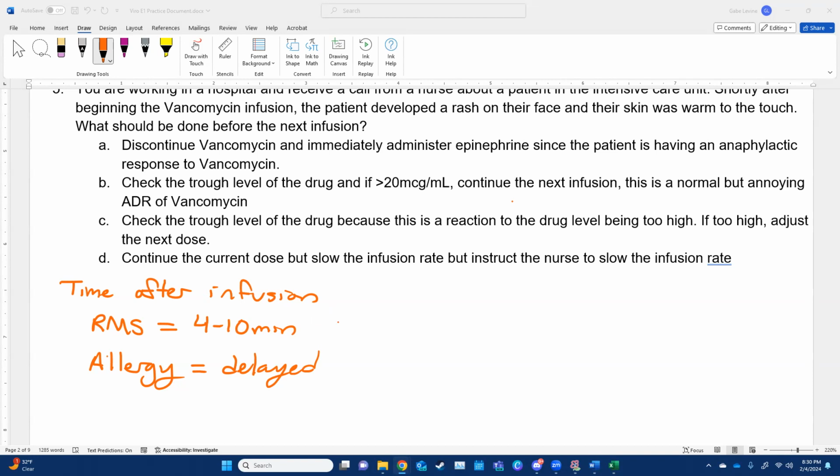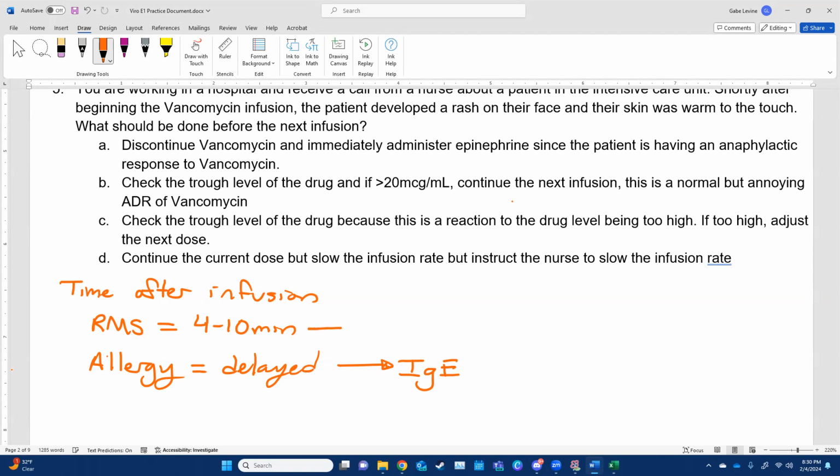What you guys will learn next exam is that when we talk about allergy, we're talking about antibody. The antibody is what's causing the anaphylaxis. So for people who the first time they're exposed to an allergen, like the first time they get a bee sting or the first time they get penicillin, the allergy takes time for the body to develop antibodies, and then every subsequent time they get faster and faster and faster.